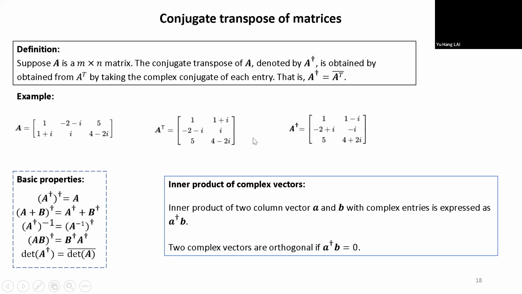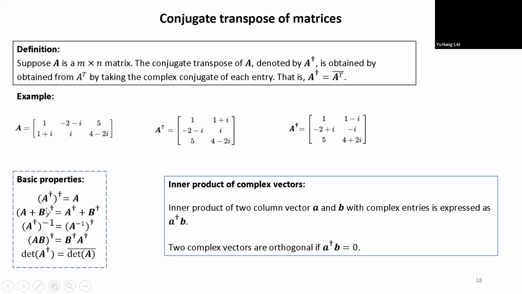So what properties does it have? You can refer to this list of properties. If you take the conjugate transpose of matrix A and then take it again, it becomes the original matrix.